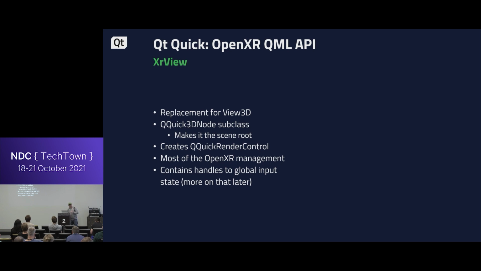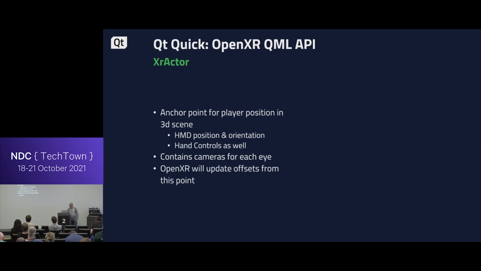It's also the scene itself, so it's the view, the window, and the scene all at the same time. It creates a render control that renders to an off-screen surface and does all of the OpenXR magic you need to actually use OpenXR, so actually instantiating the headset and setting all the formats. It handles all the details for you. All you have to do is instantiate the XR view instead of a window. It also handles the input, but I'll talk a bit about that later.